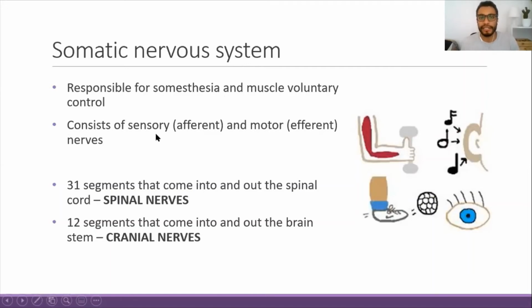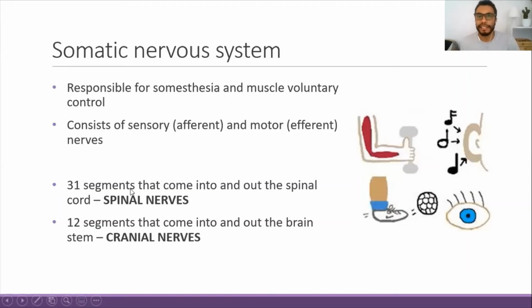It consists of sensory afferent neurons and also motor or efferent neurons, nerves. And it's responsible for different activities related to muscles or senses.